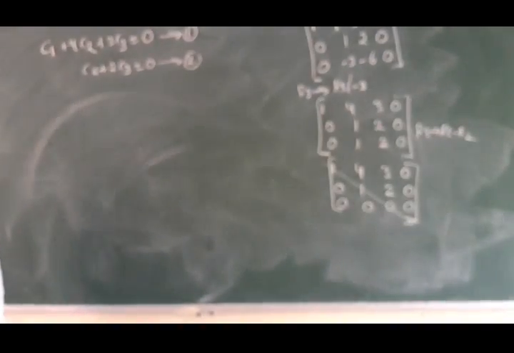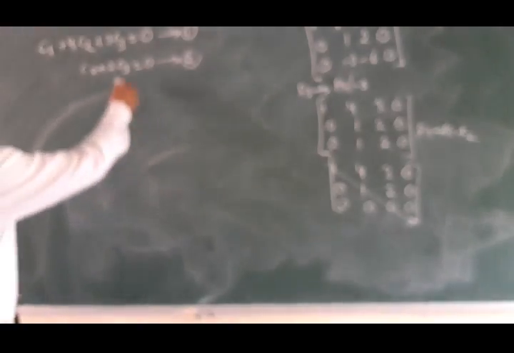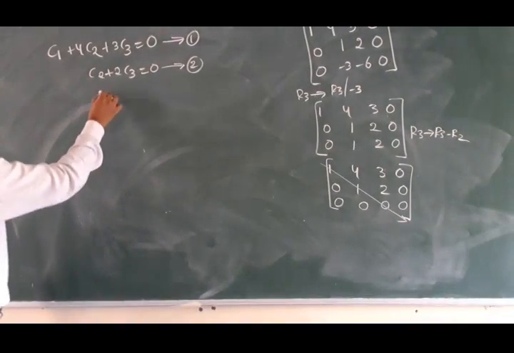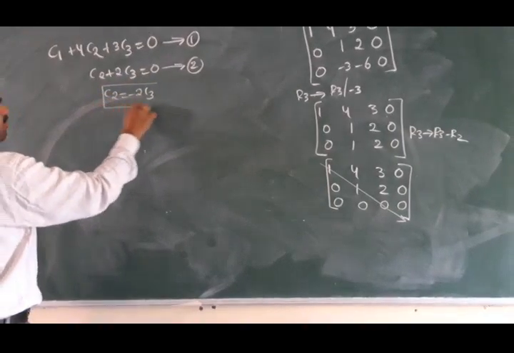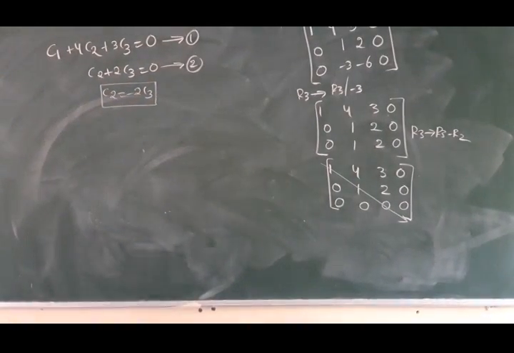These two equations we have to solve, but here we have two equations in three variables. C2 equals minus 2 C3.